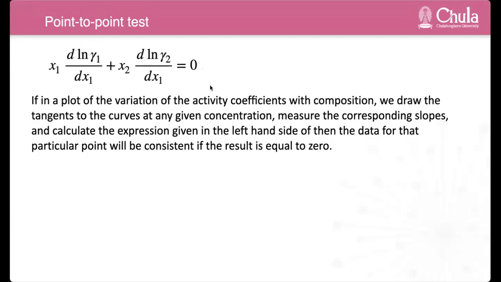What is the difficult part of using this point-to-point test? The most difficult task is you don't know the slope because the experimental data is discrete. You have a point. You don't know exactly the slope at that point, right?